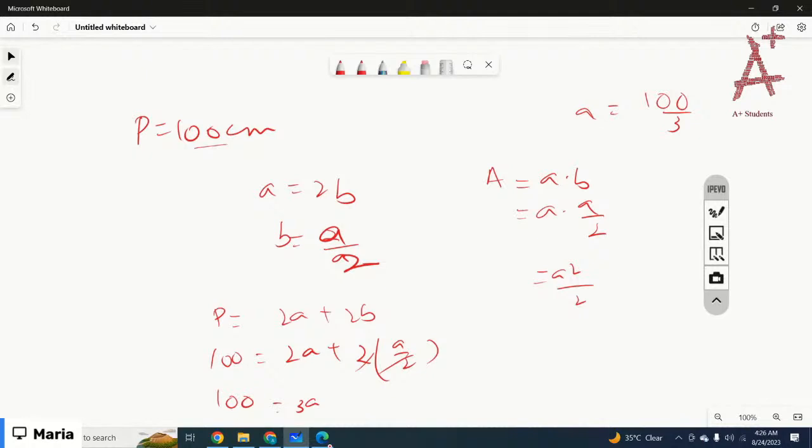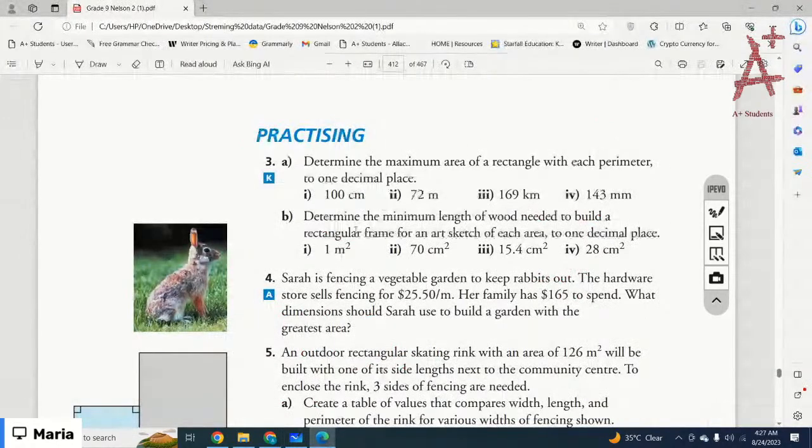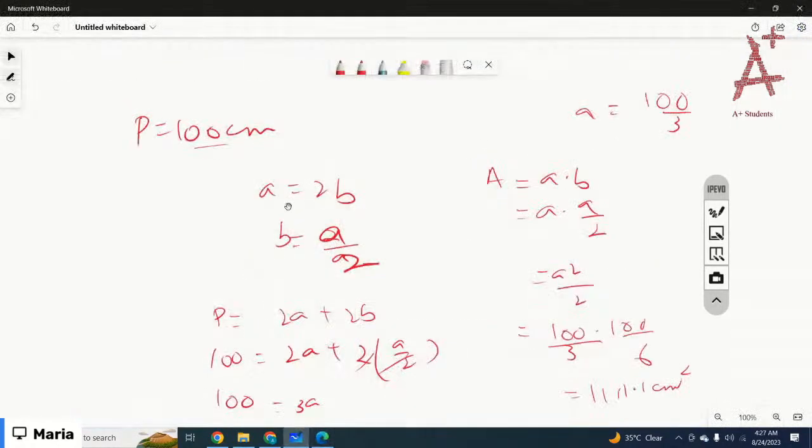So the sides are, let's just put the value of A, it would be 100 over 3 and 100 over 6. You are given the perimeter that is 100 centimeters, and you have to calculate the area.